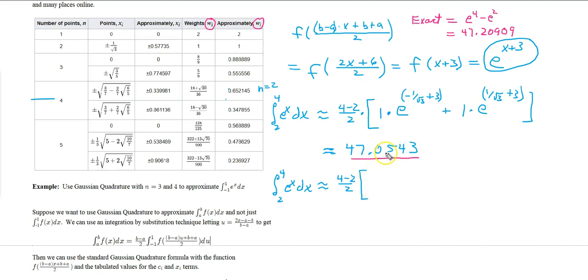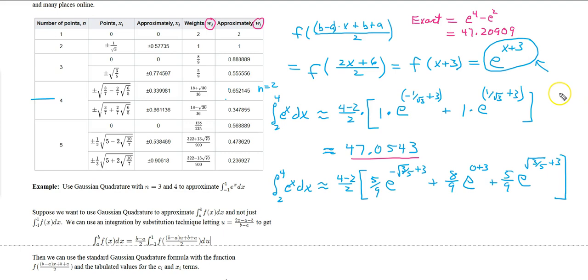Now it's going to be times 5/9, and there we go. Notice we have 5/9, 8/9, 5/9, and our nodal values negative root 3/5, 0, and positive root 3/5 that we're plugging into our modified function up here.